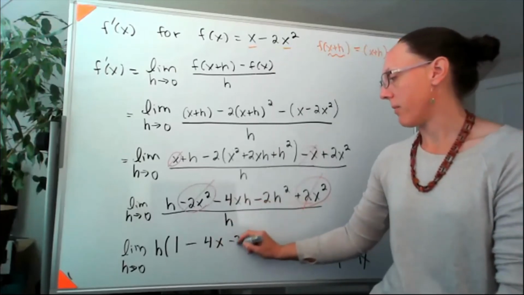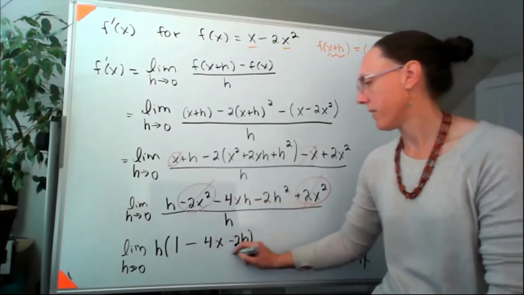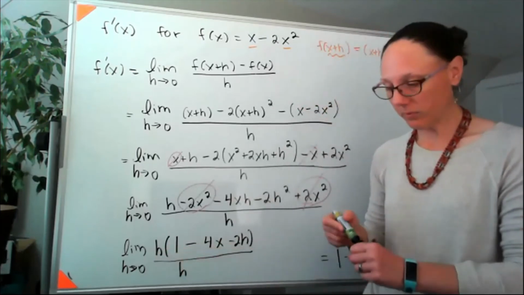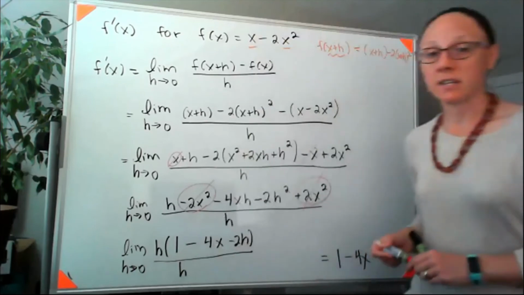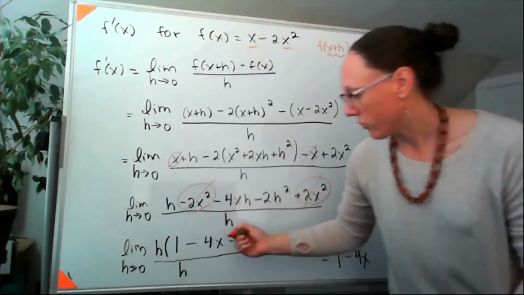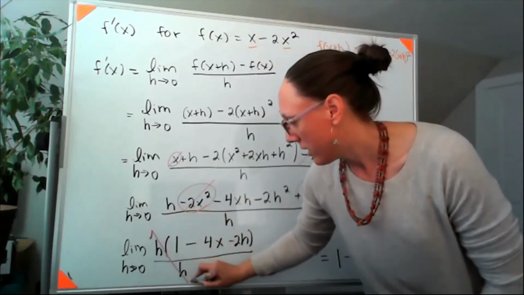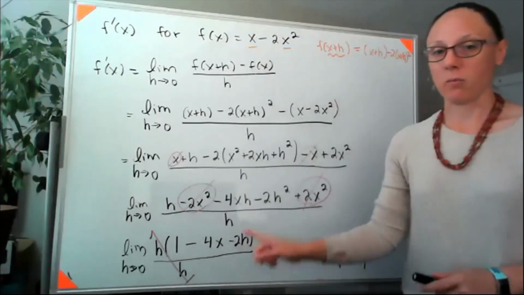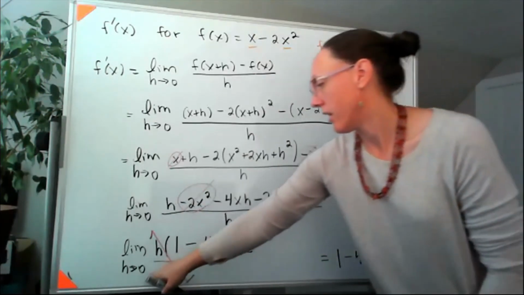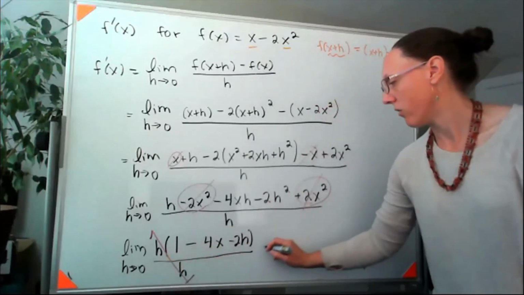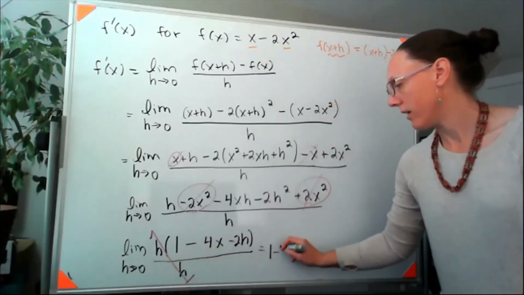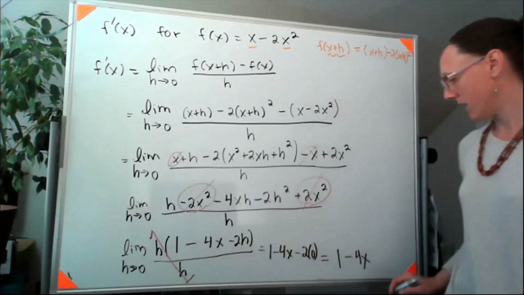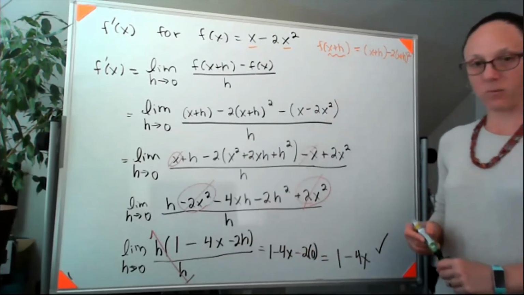Over here I'll have minus 2h. And that whole thing is over h. Which means that my h over h is going to cancel out. And then I'm ready to plug in our limit that h is equal to 0. And I'd get 1 minus 4x minus 2 times 0. Bam, we're right.